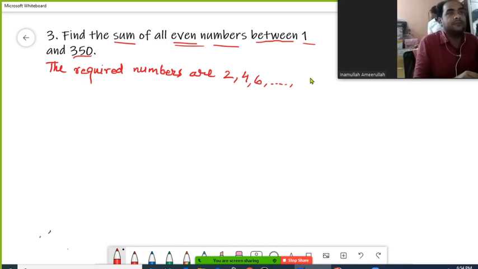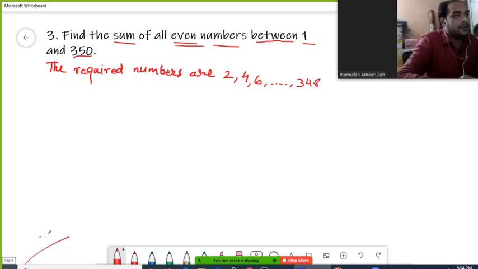So if we can't take 349, we will try to take 348. 348 is there, so we can take 348. So this is the required number which we can take as an even number between 1 to 350 in this question.